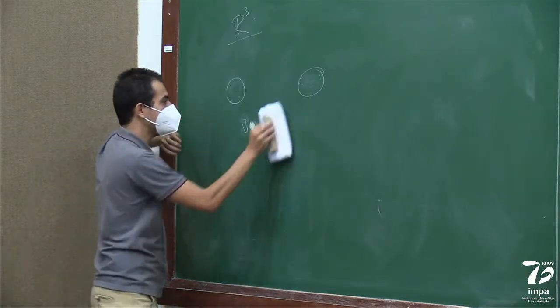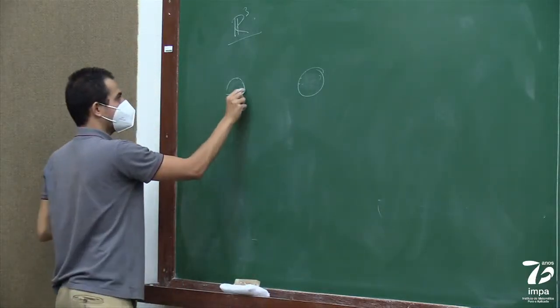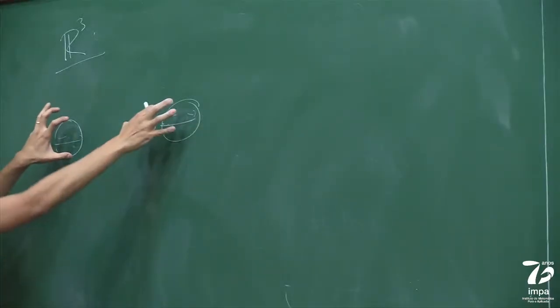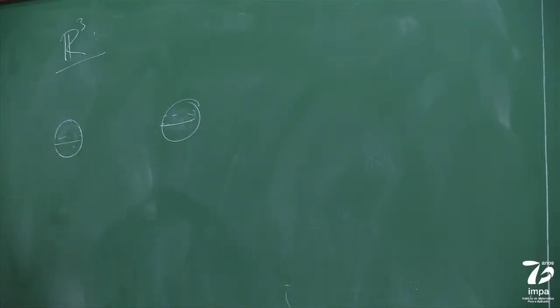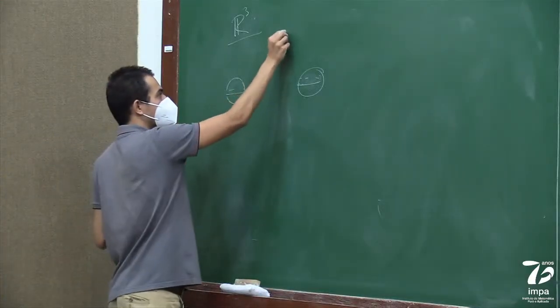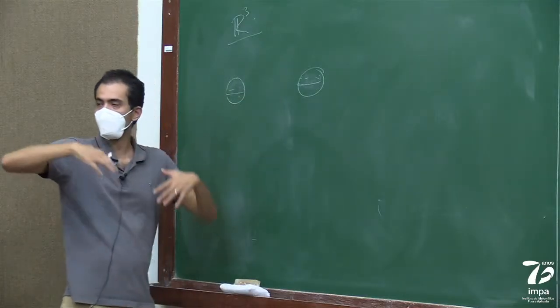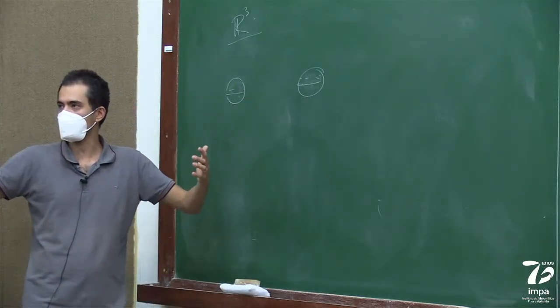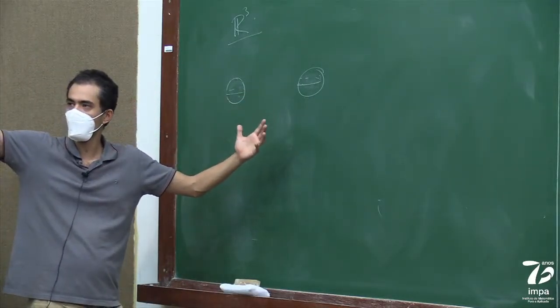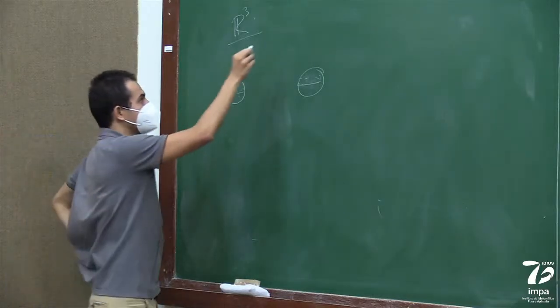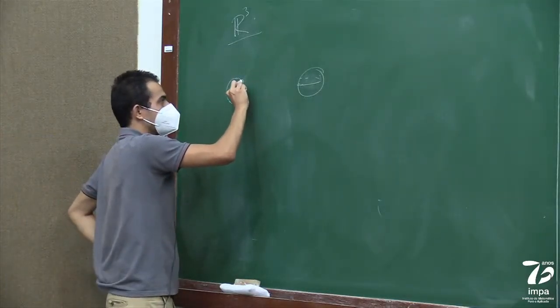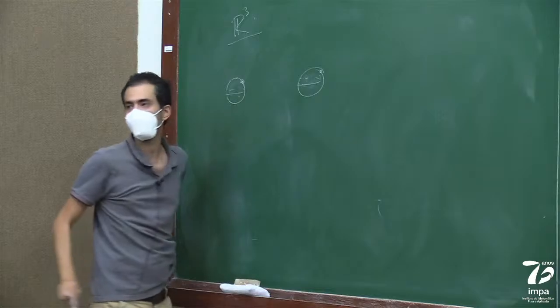Okay, so basically you can think of attaching a one handle as you take your R3 and you take two spheres, you remove them, and you glue the boundaries. After you attach this one handle, what's the boundary? The boundary is going to be this S3 with some funny operation. The operation is, when you come here, this point is identified with this point.